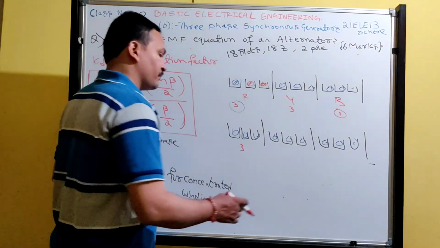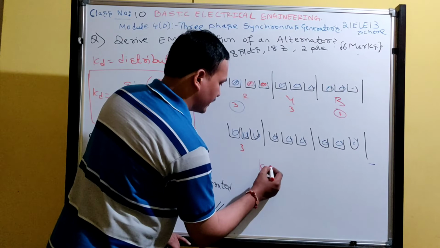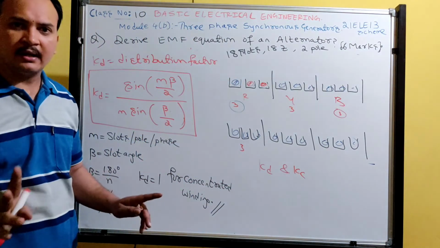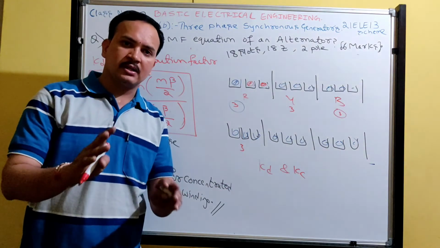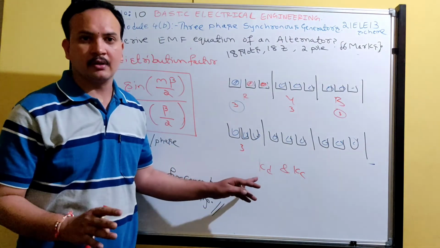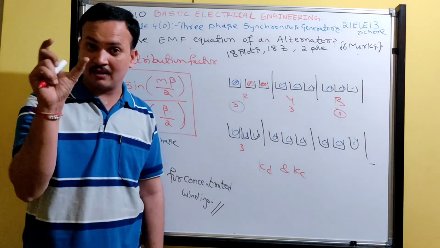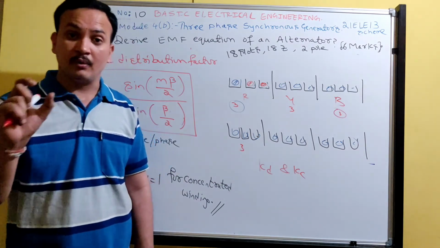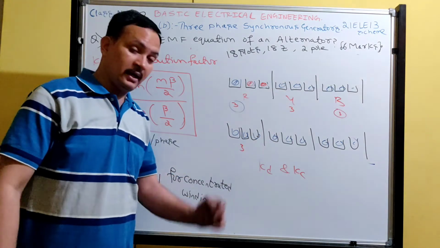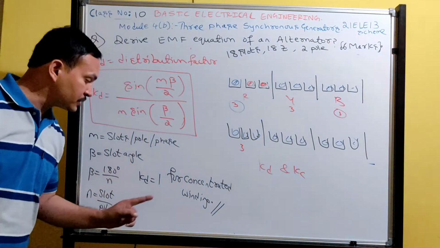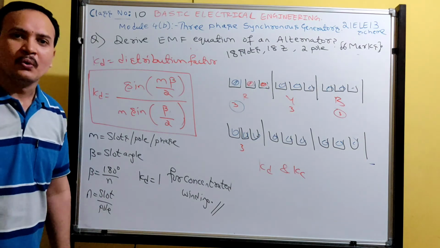So next is the range of KD and KC. If you calculate the KD value, 100% they are going to ask for a KD calculation. When must you calculate KD? When they specify distributed in the question, that the winding is distributed. Then only calculate KD. If they give concentrated, simply close your eyes and take KD equal to 1.